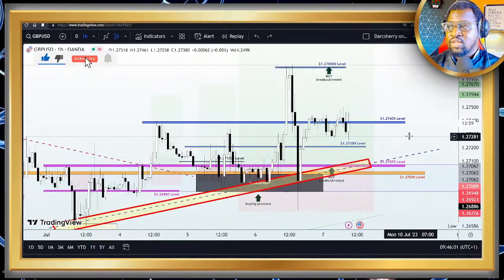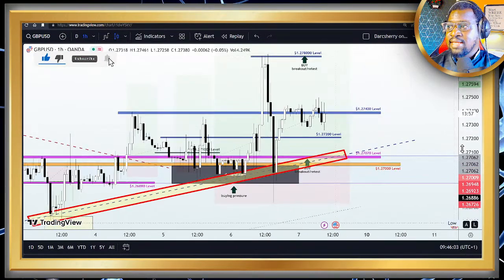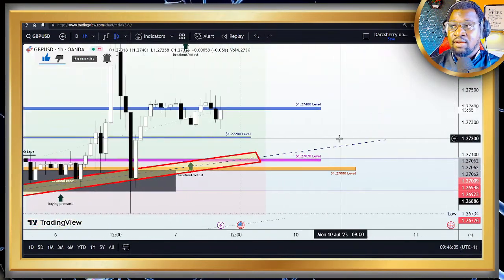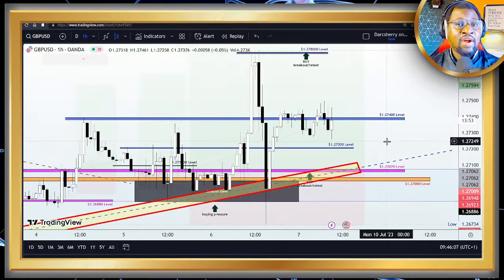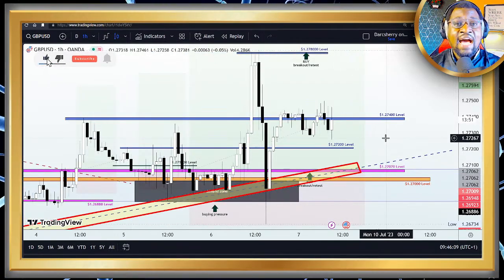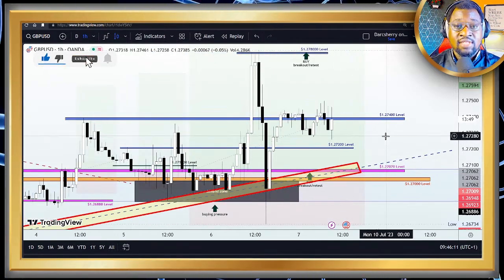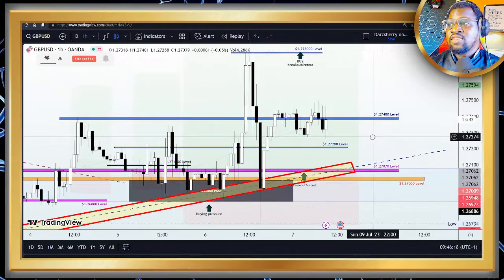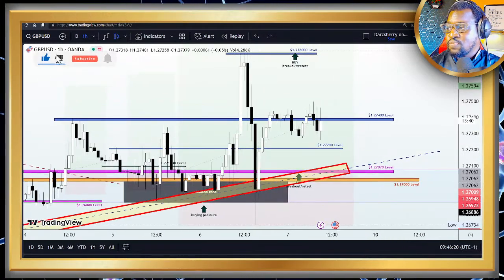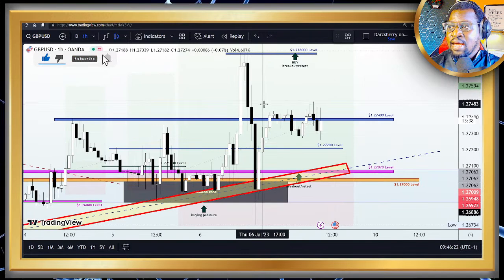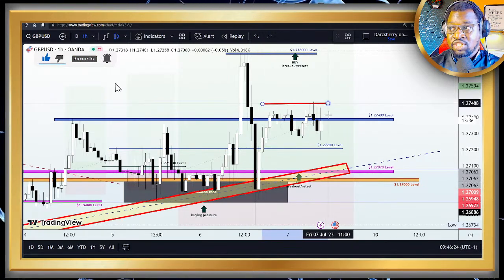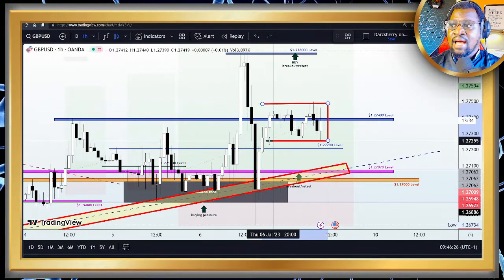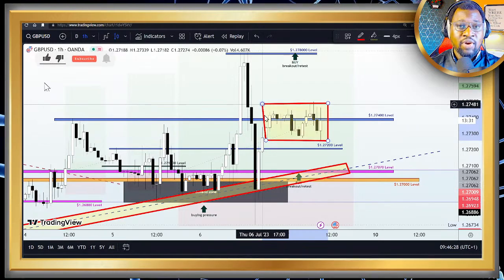So now let's go back into the live chart here. And like I said in my commentary, there is an uncertainty in the market, though price action still remains above our ascending trend line, which of course has been serving as the yardstick guiding our bullish opportunities so far this week. But one thing here is that as soon as price got into the zone around the 1.27400 area, we begin to see attempts by the sellers to push price to the downside.